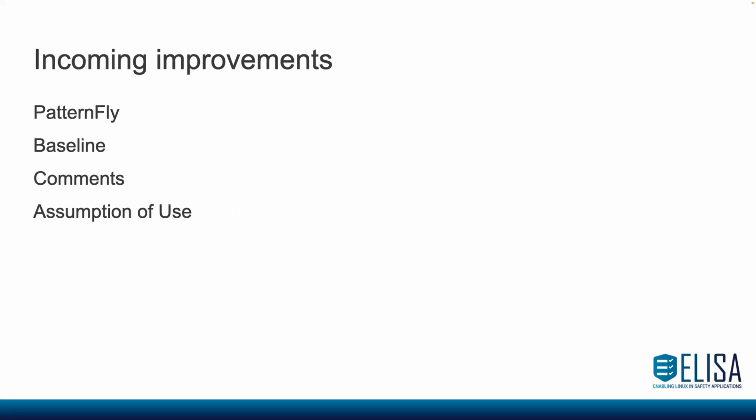We'd like to implement comments for each work item because this is intended to be a collaborative tool, and comments will speed up the review and will increase the quality of work items. And we want to introduce assumption of use as a separate work item. Today, we can add assumption of use as other justification, but creating a dedicated work item will simplify data collection and report generation.